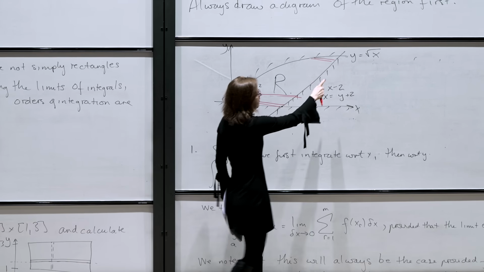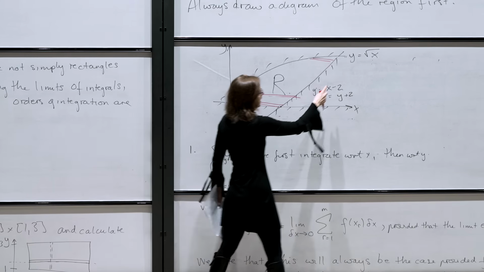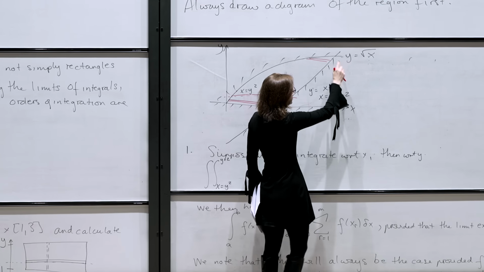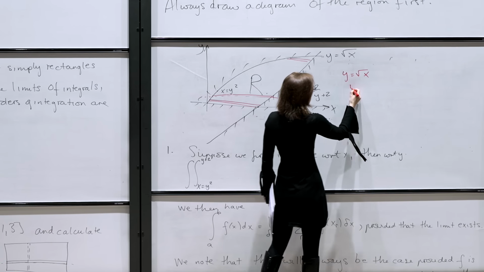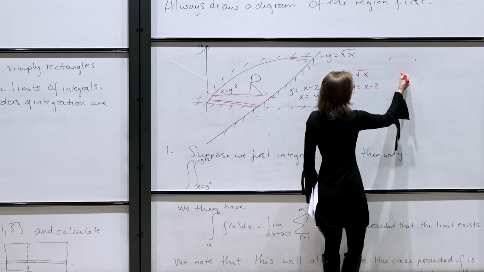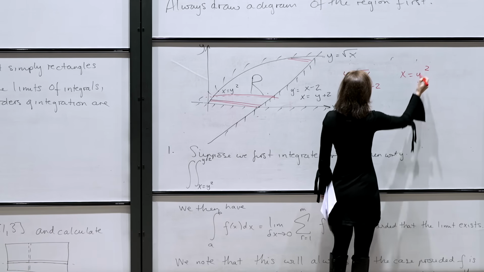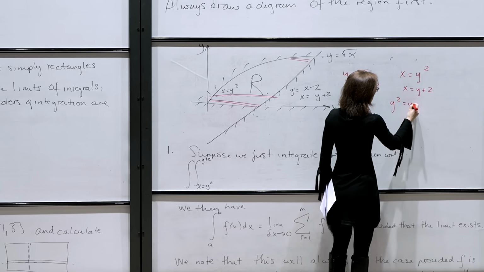But what's this value over here? What's my maximum value of y? To work that out, I set y equals root x equal to y equals x minus 2, which is probably easier to say as x equals y squared and x equals y plus 2, and solve that. So y squared equals y plus 2.